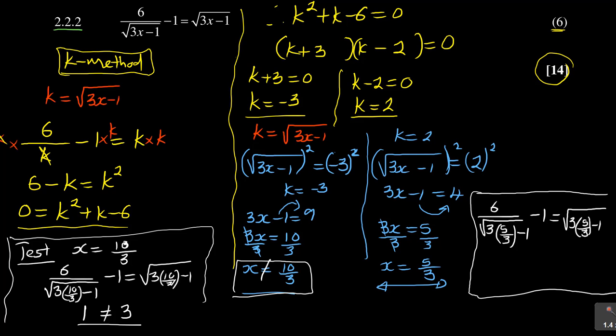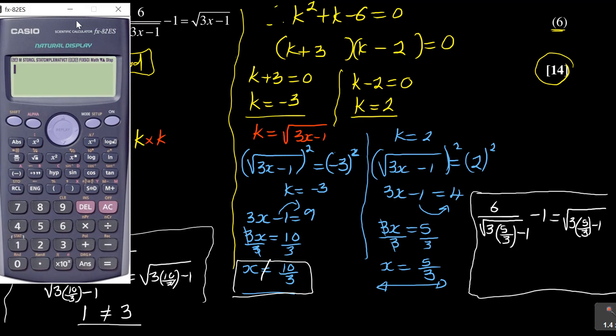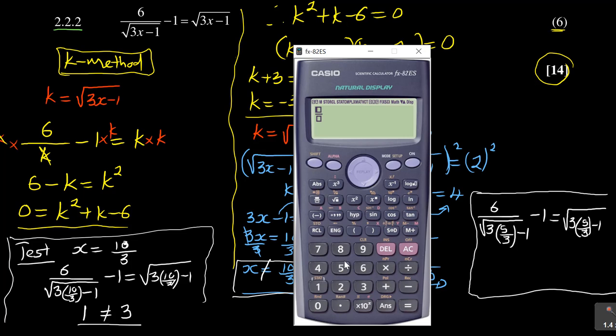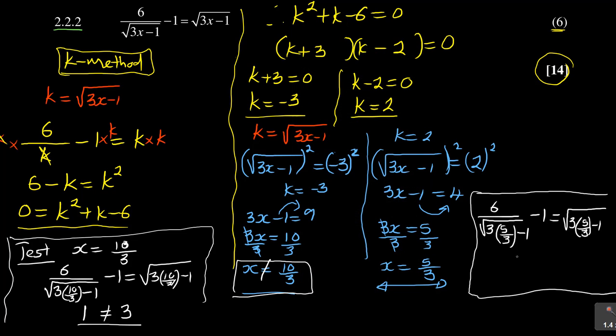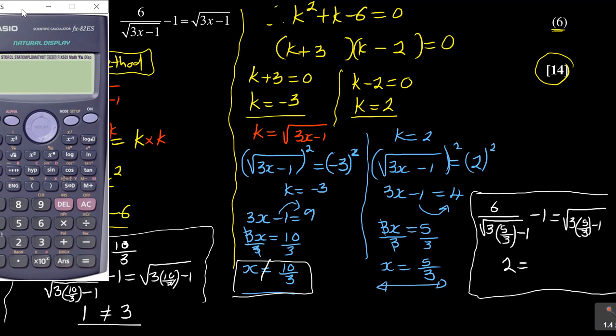So let us test this one. I've got 6 over square root of 3 into 5 over 3, minus 1. I'm getting a 2 this side, so 2 is equal to, I do the same thing on the other side.